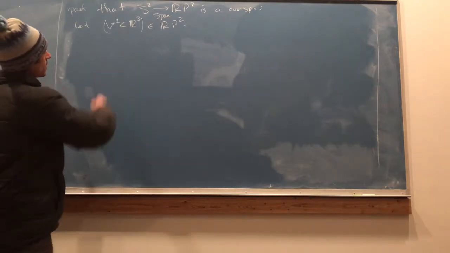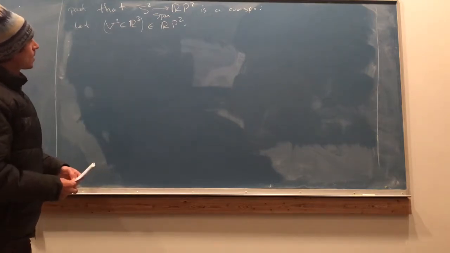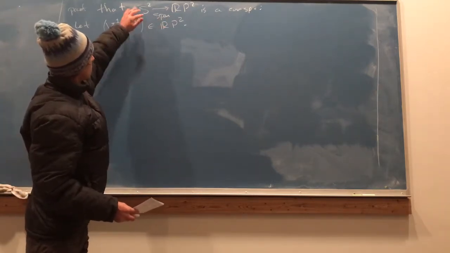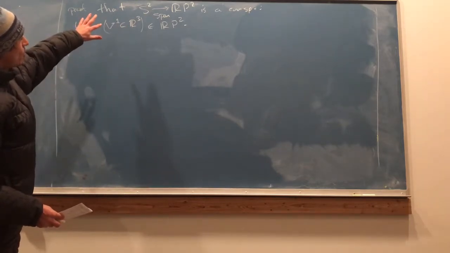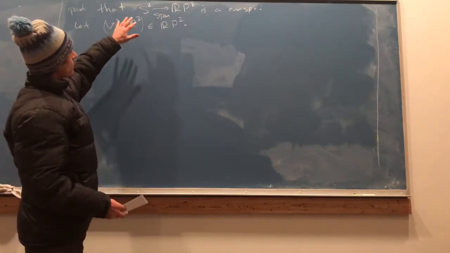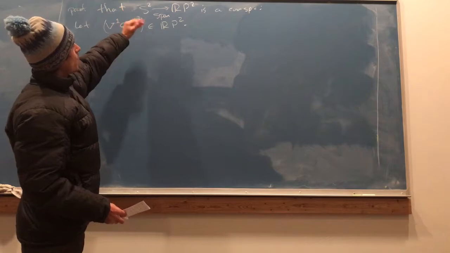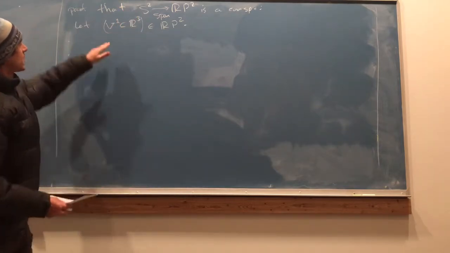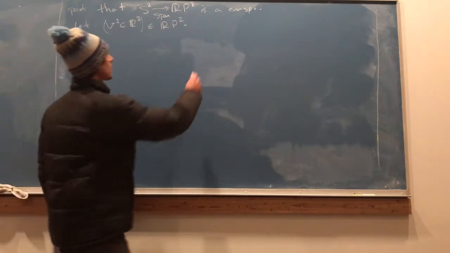Next, we're supposed to show that there exists an open neighborhood about that, so that the preimage of that open is homeomorphic to that open cross some set. Now, to think about what that set would be, let's think about what the preimage of this element is to begin with.